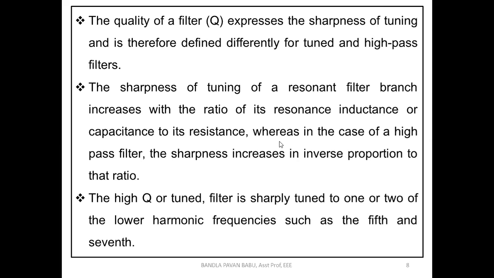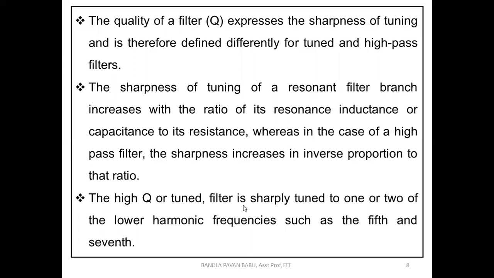Okay, next, the high Q or tuned filter is sharply tuned to one or two of the lower harmonic frequencies, such as the fifth and seventh. As I said before, lower harmonics are the dangerous harmonics, and we particularly place these filters there. We neglect the third order, which can be eliminated by winding interchange, star to delta winding conversions.